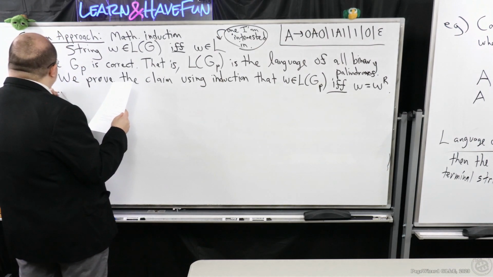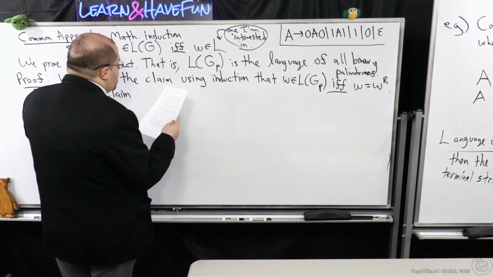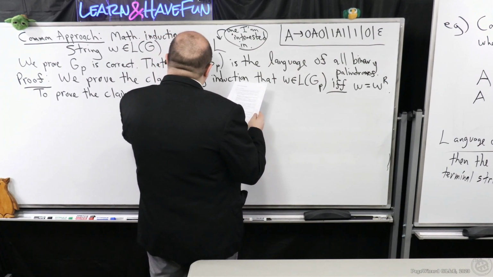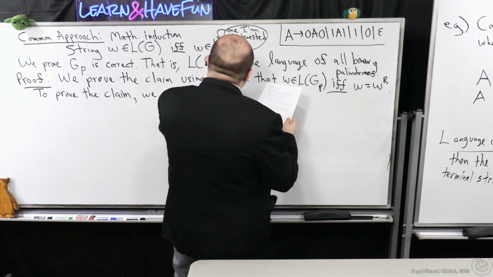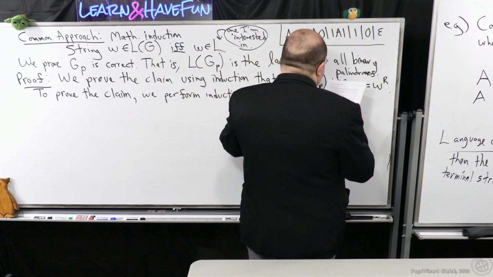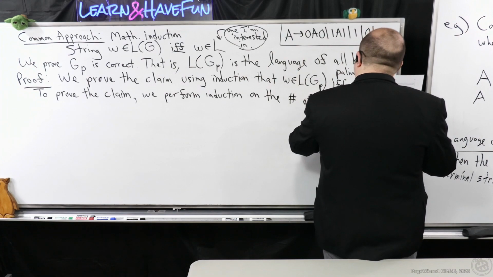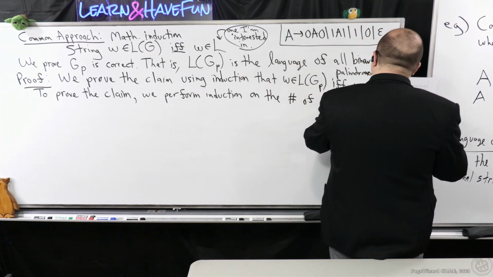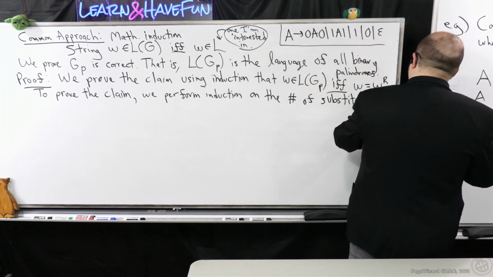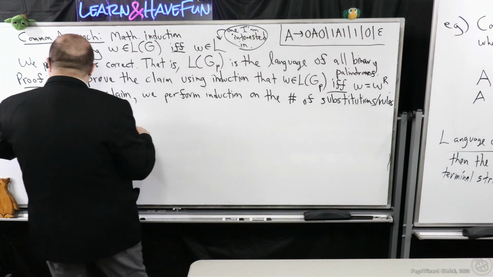So to prove the claim, we perform induction on the number of substitutions or rules, so how many times I apply the production rules used in a derivation.